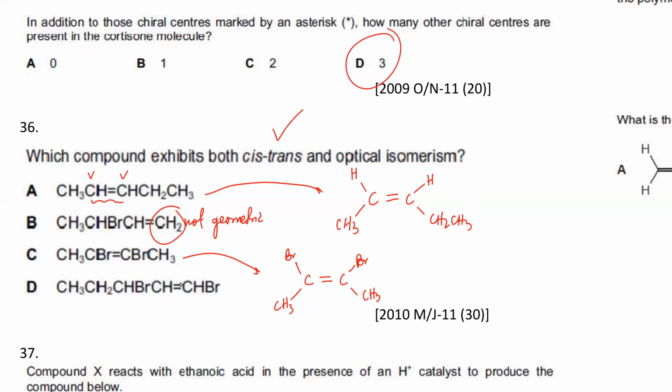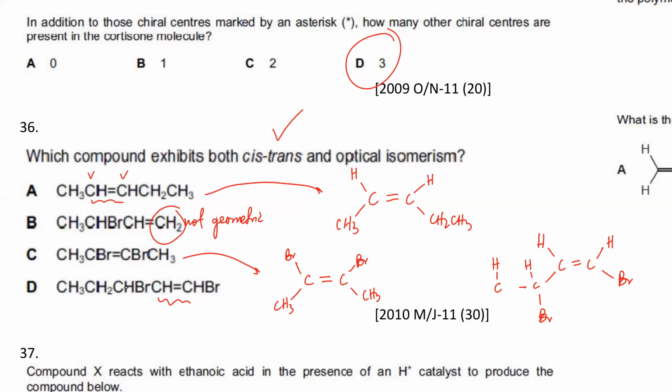Is this geometric or not? Okay, you got a double bond. Both of them CH and CH, right? The end one over here, it's CH and Br as well. The other side is CHBr followed by CH2.